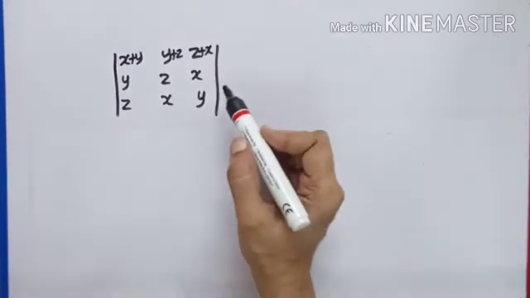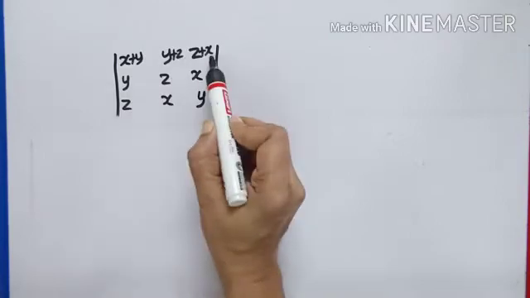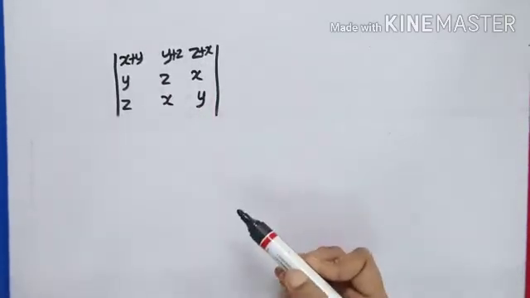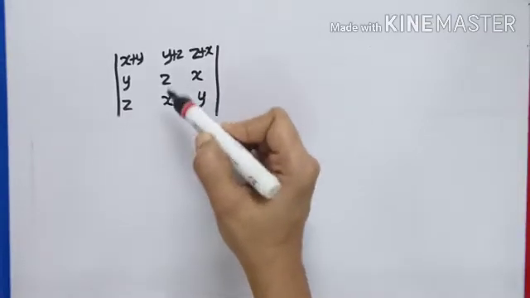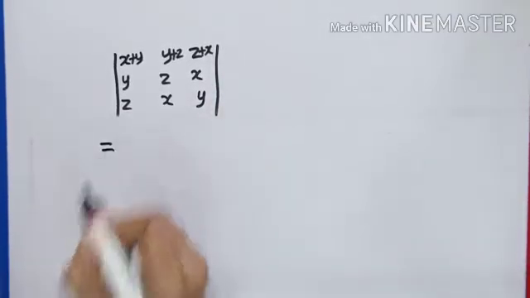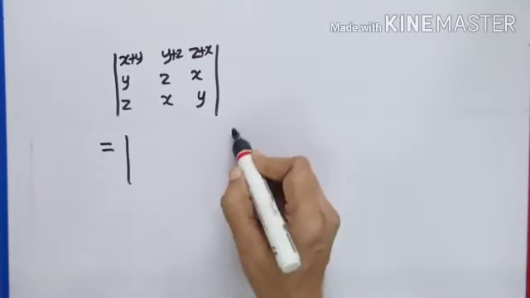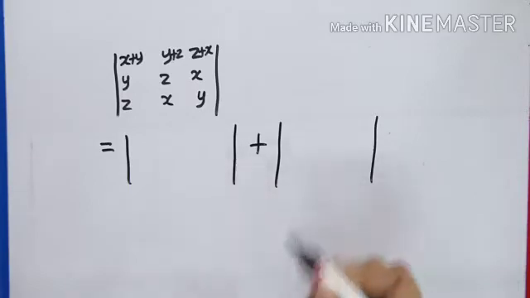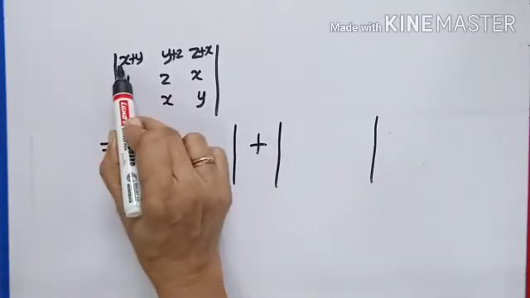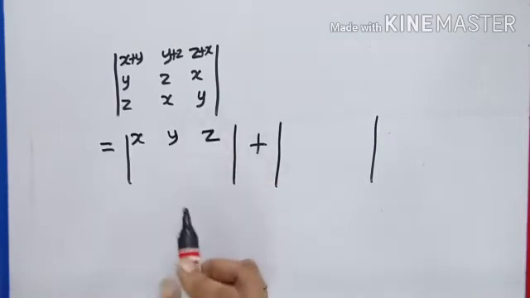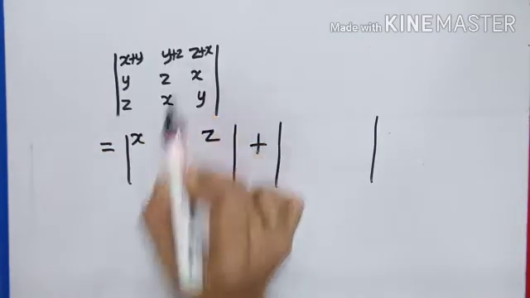Next property. First row alone has two elements. Sum of two elements. Second row, third row, it is only single element. How shall I simplify? Put the determinant itself as sum of two determinants. All the first elements write in the first determinant x, y, z.